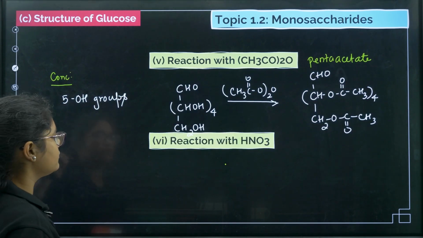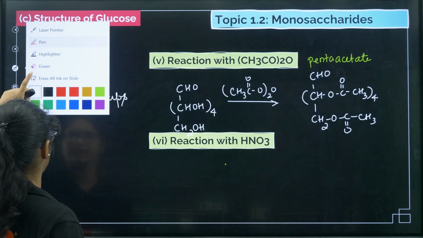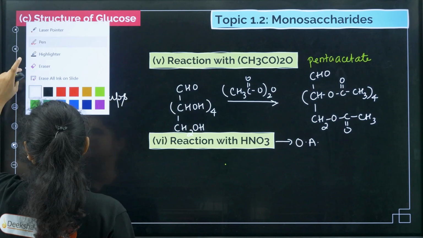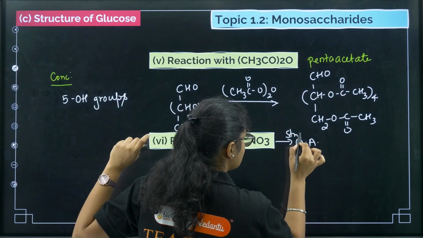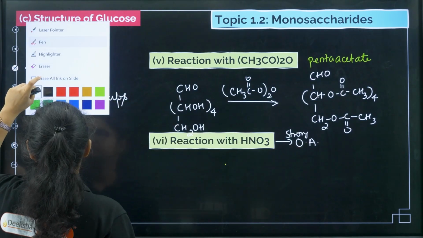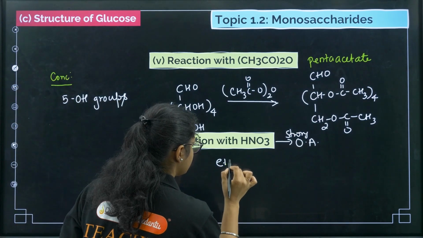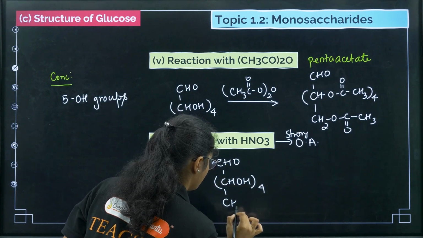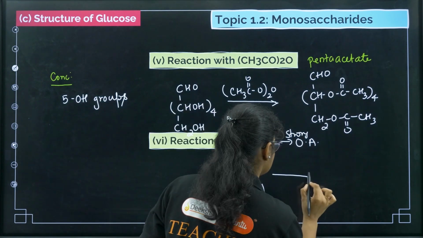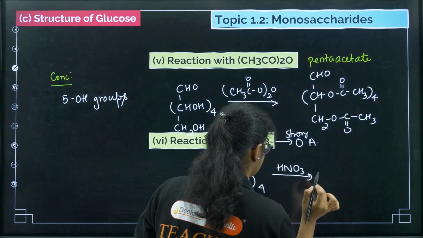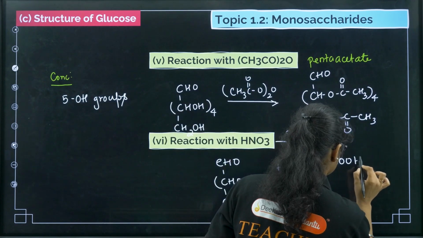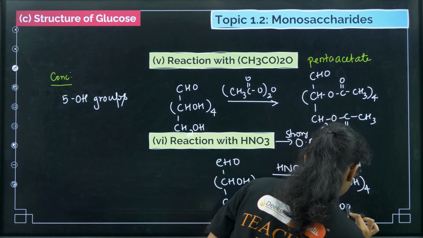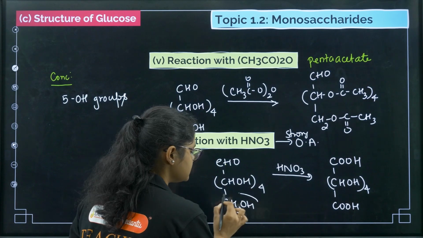Next, coming to the reaction with HNO3. HNO3 is a strong oxidizing agent, right? So if you treat CHO, (CHOH)4, CH2OH with concentrated nitric acid, we get COOH, (CHOH)4, COOH.